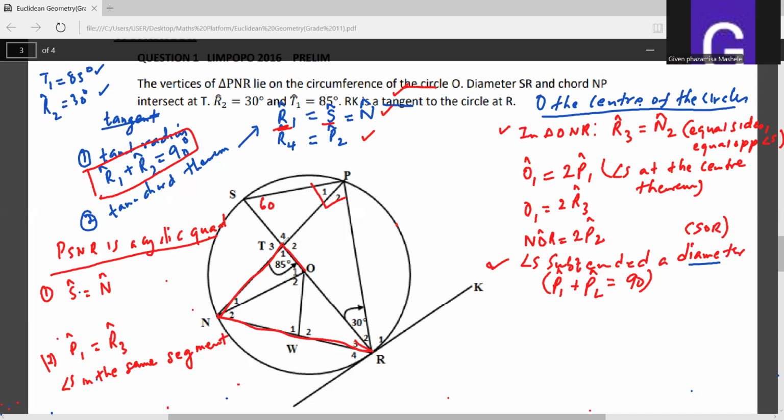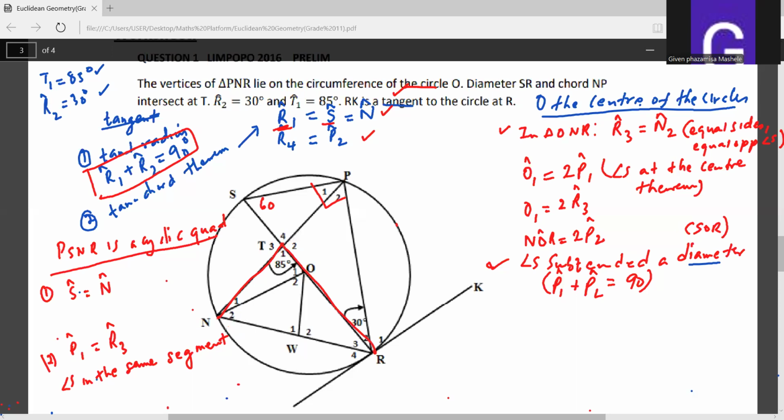In triangle T and R, we know that the sum of angles in the triangle must add up to 180. Already we have T1. T1 is 85. Which means if we get angle N, the whole of N, which is N1 plus N2, then we'll be able to get R3. And it's easier.